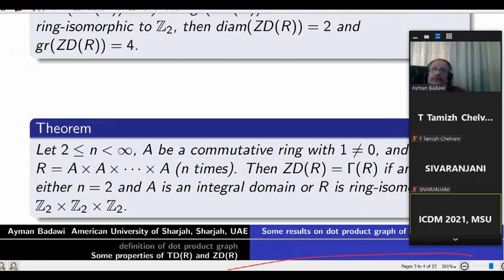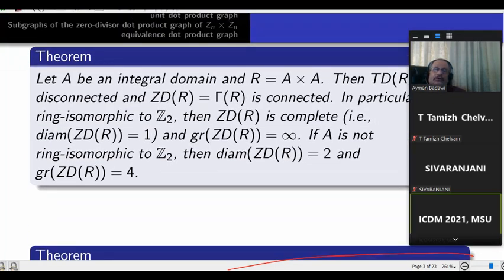The second result about that, of course, here I skipped something, because all of you should be familiar with what we mean by girth and diameter. Girth is the length of the shortest cycle in the graph. And what do we mean by length? Length means the minimum number of edges we use in order to form a cycle.